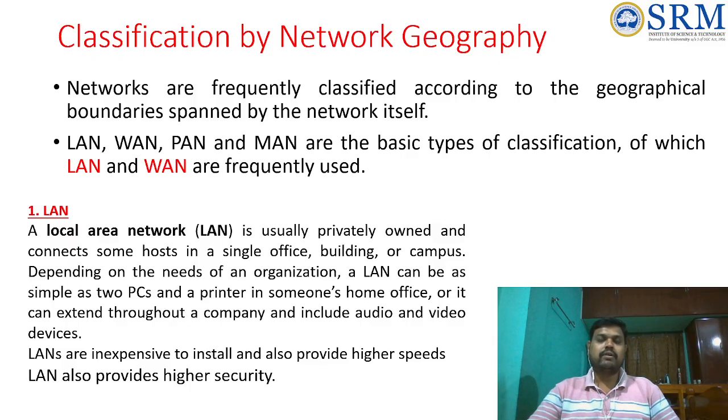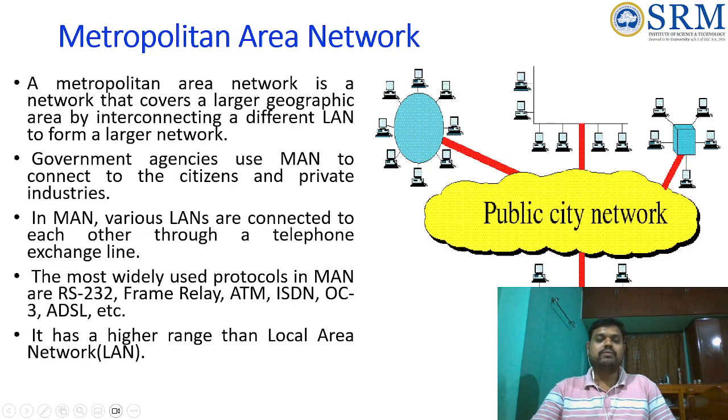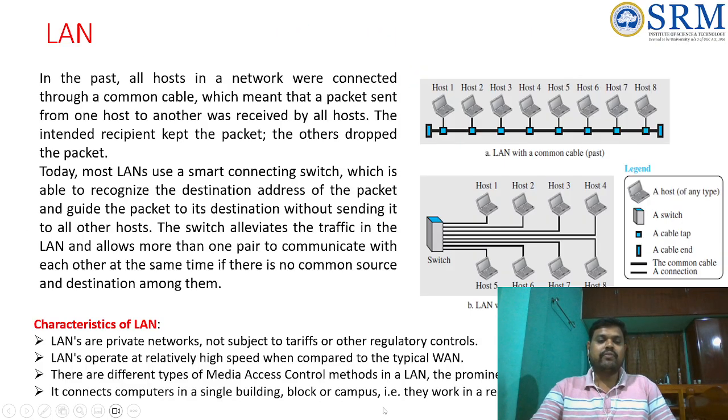And for sharing the resources, local area networks are very much useful, and security and reliability can also be easily achieved. In local area networks, you can access any hardware or software resources through any of the topologies. So these are the characteristics of LAN.